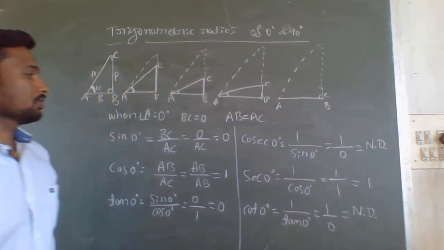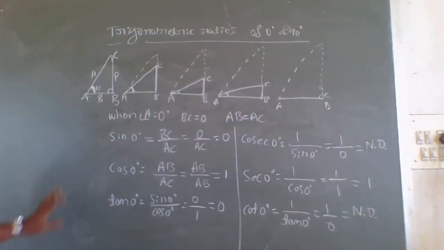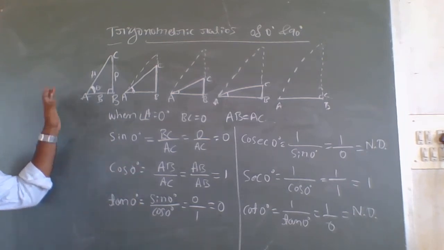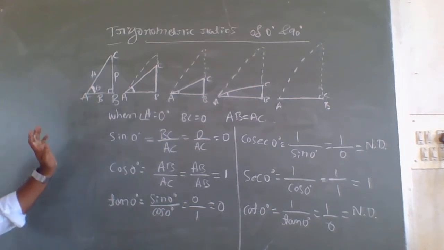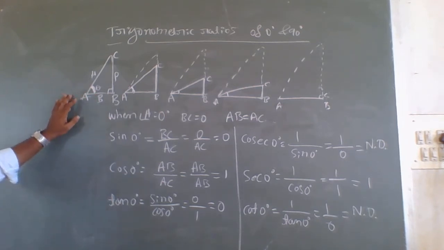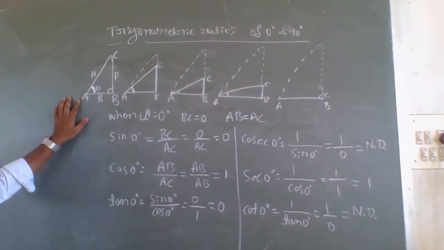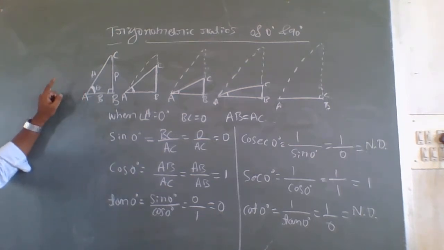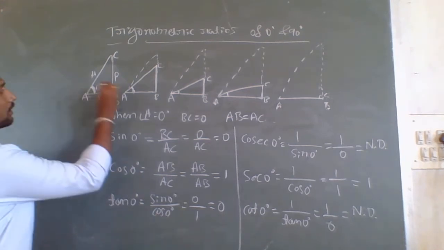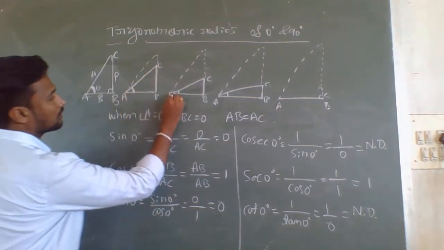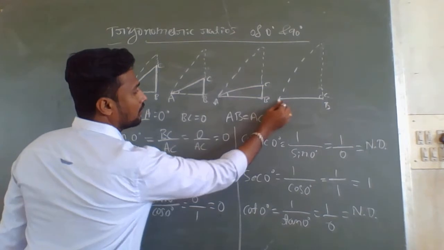Okay. So these are the trigonometric ratios with respect to 0 degree. Here you can see we are considering this angle A as theta. Therefore, to get it as 0 degree, what we are doing is reducing angle A. Why?